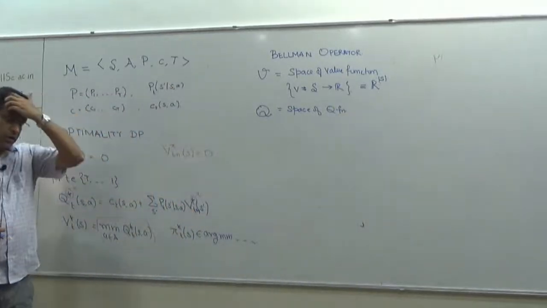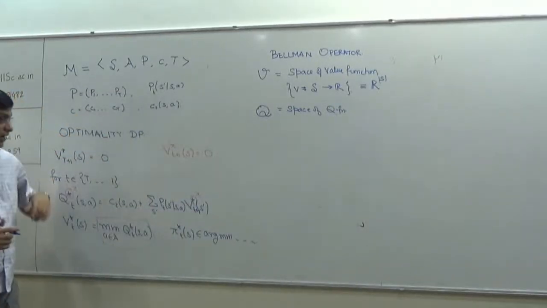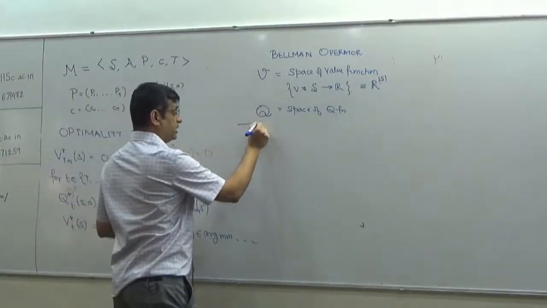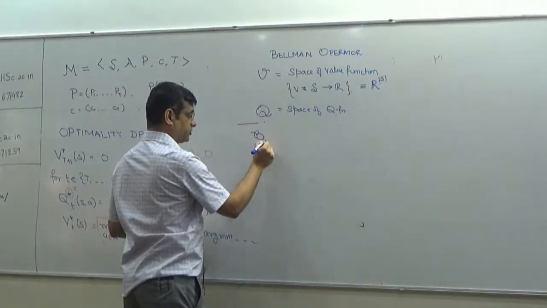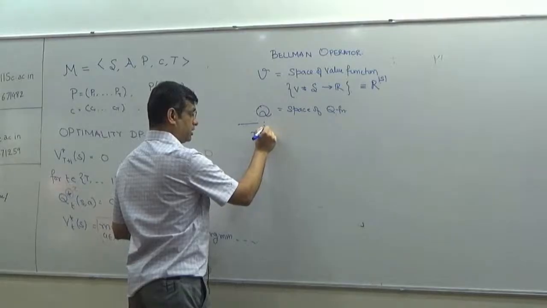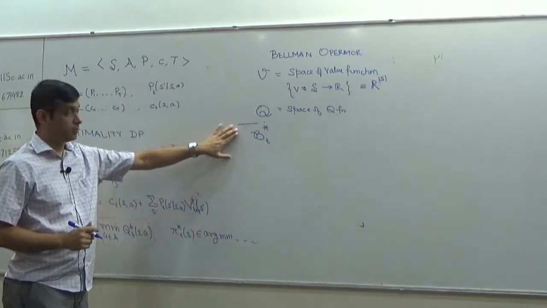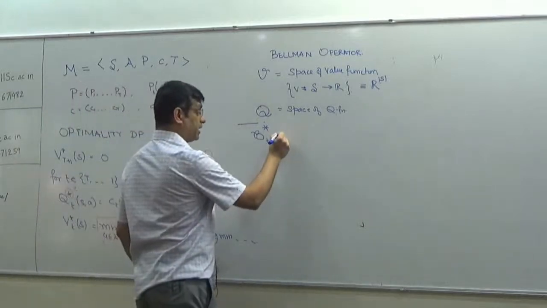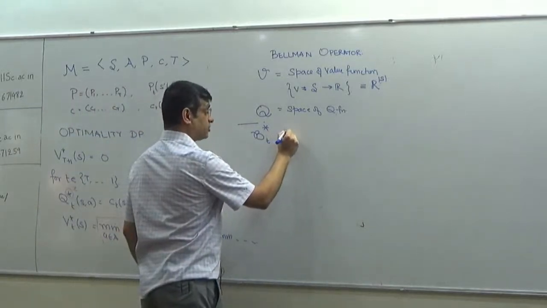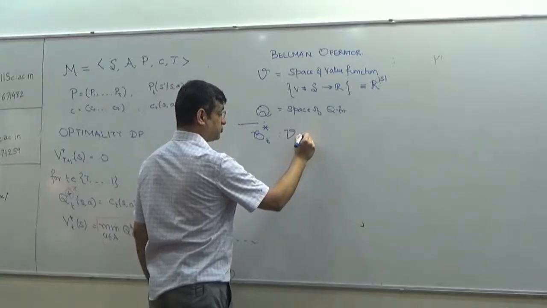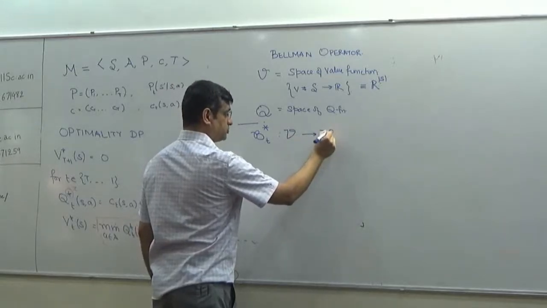Now, the Bellman operator, the way it is defined, is an operator at time t. There is an optimality Bellman operator and there is a policy evaluation Bellman operator. The optimality Bellman operator is a function from the space of value functions to the space of value functions.